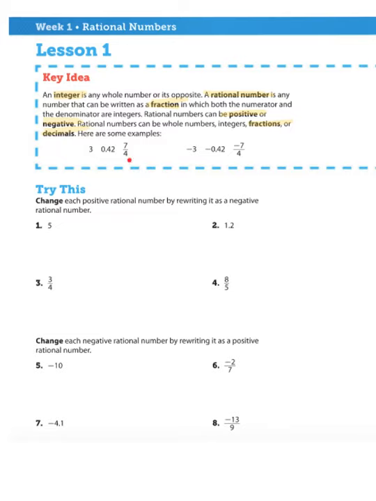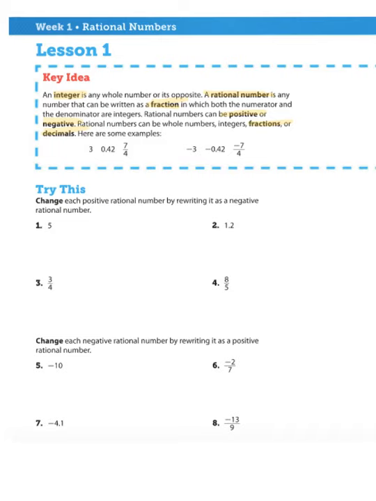So if you look at this fraction, the numerator and the denominator are both whole numbers, so they are both integers. Rational numbers can be whole numbers, integers, fractions, or decimals. All right, and remember, an integer is a whole number.